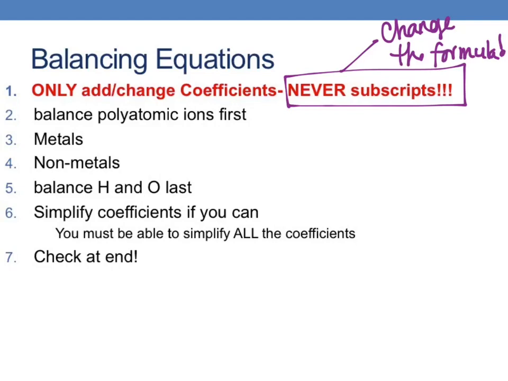So what I do is, if I have an equation, I go through that equation and I label or pull out bits and pieces from each side. The first thing I always write are my polyatomic ions.